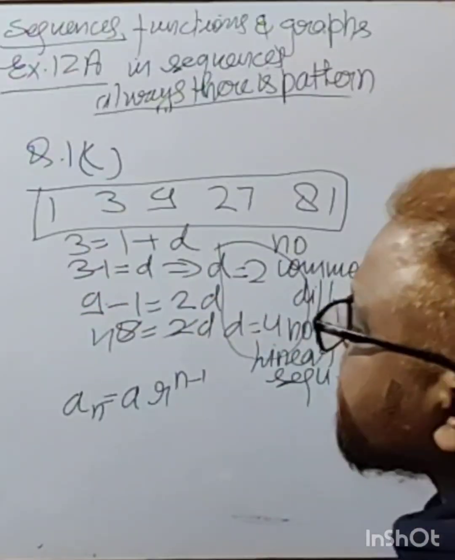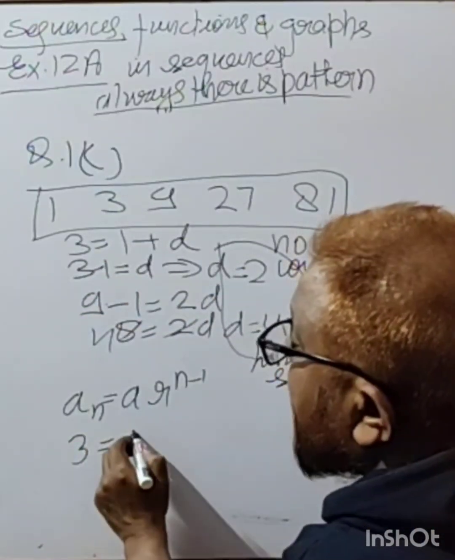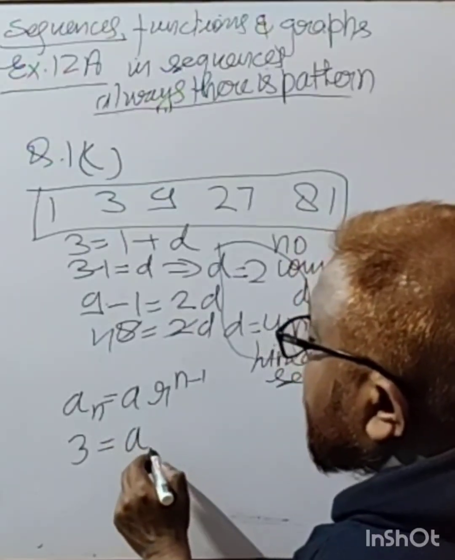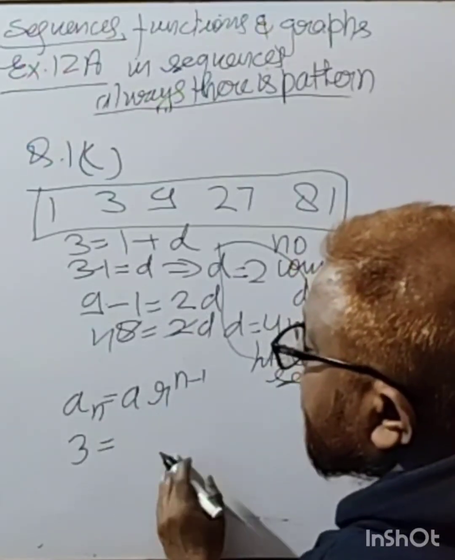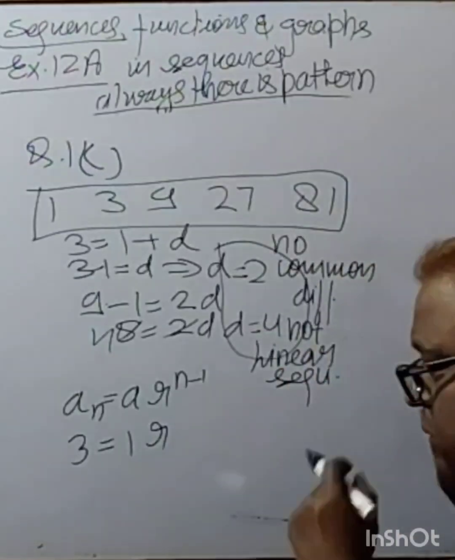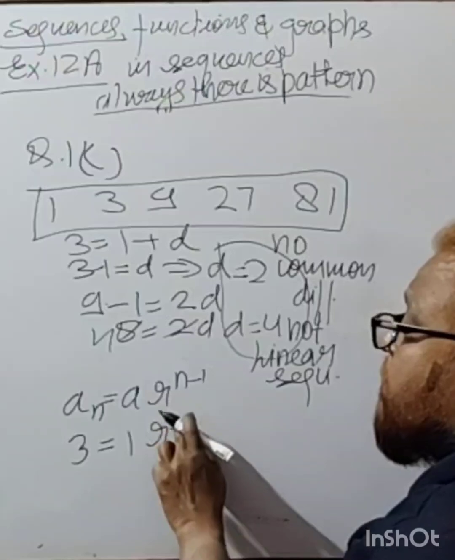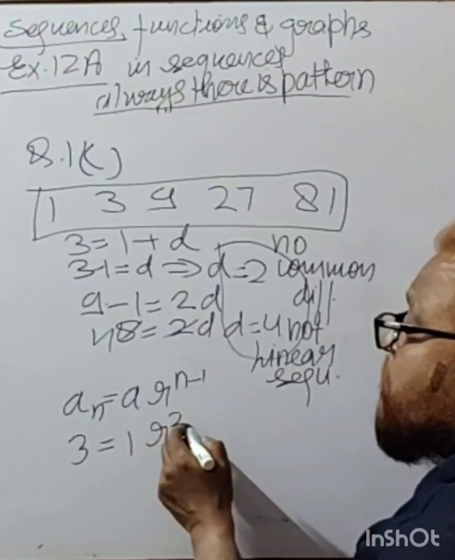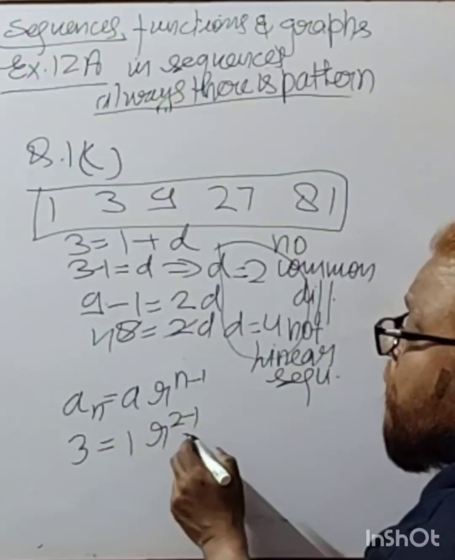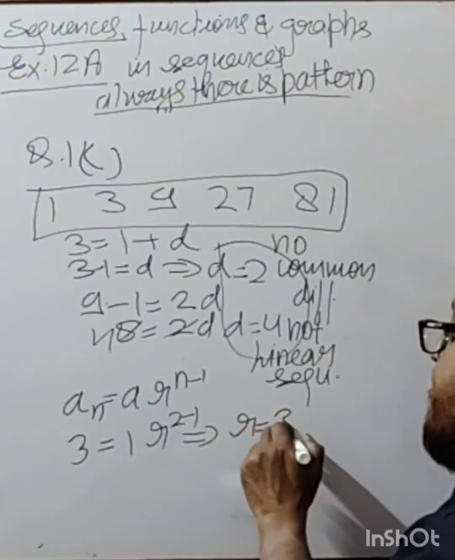Suppose second term is 3. So a is 1. So r, that is 2 minus 1, is equal to 1. So we can write r is equal to 3.